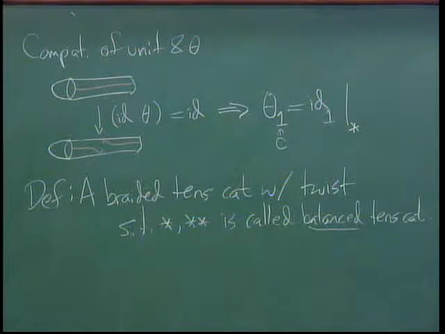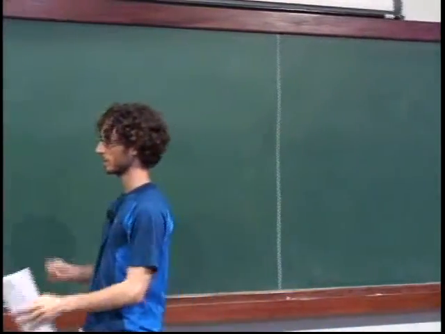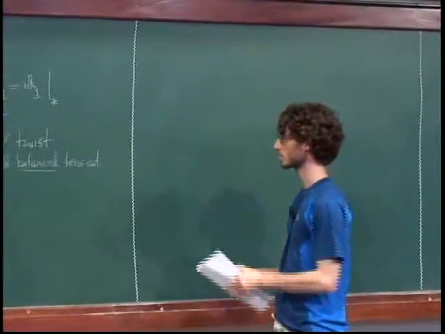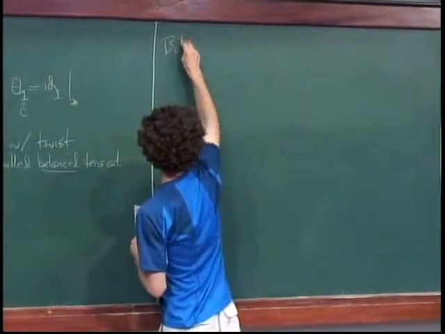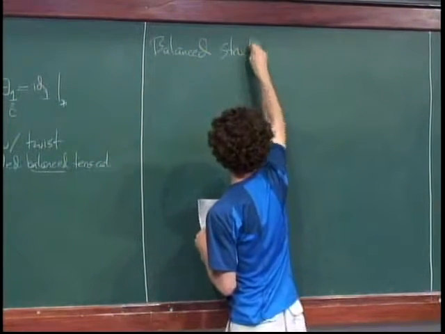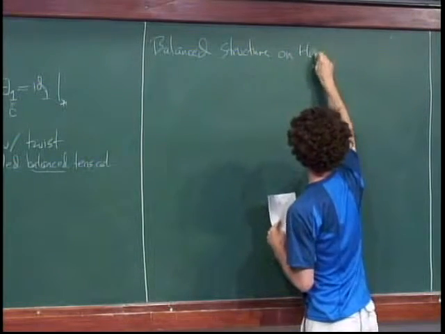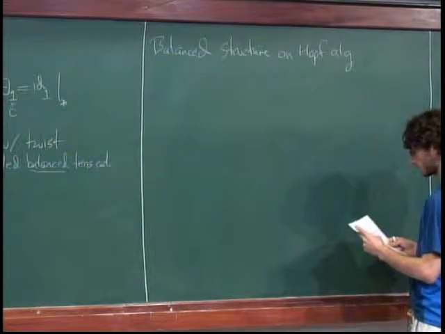Okay, so now as we've been doing, we ask the question, well, what kind of algebra would we need to produce this kind of structure in its representation theory? And so we ask about balanced structures on Hopf algebras. So that's the next section.